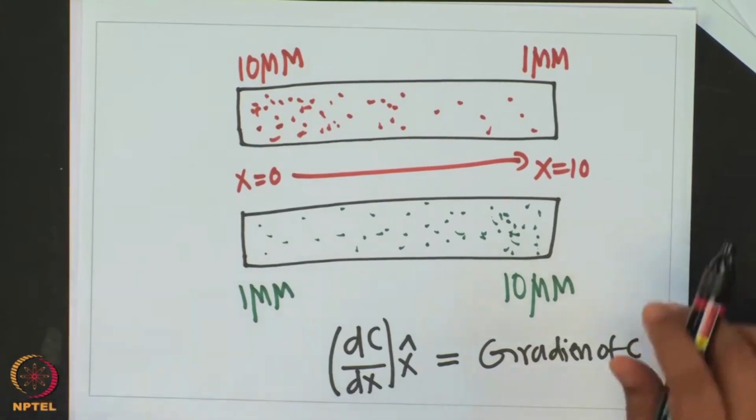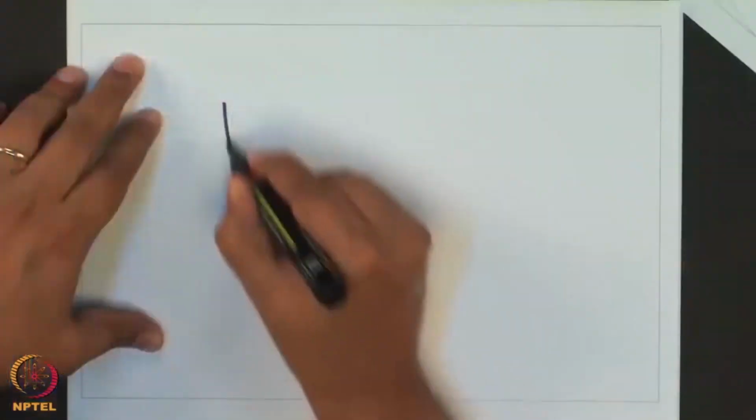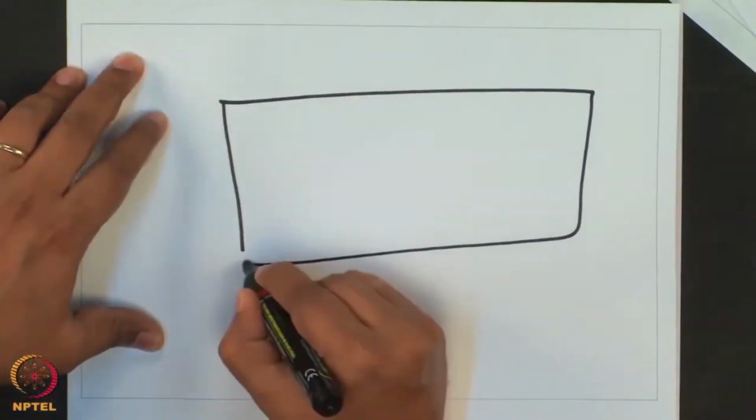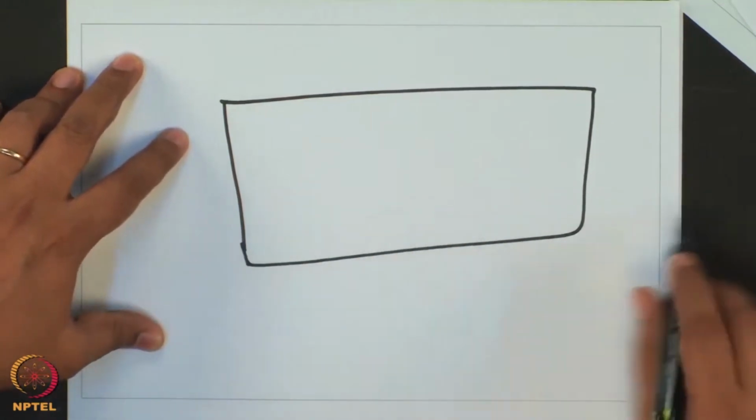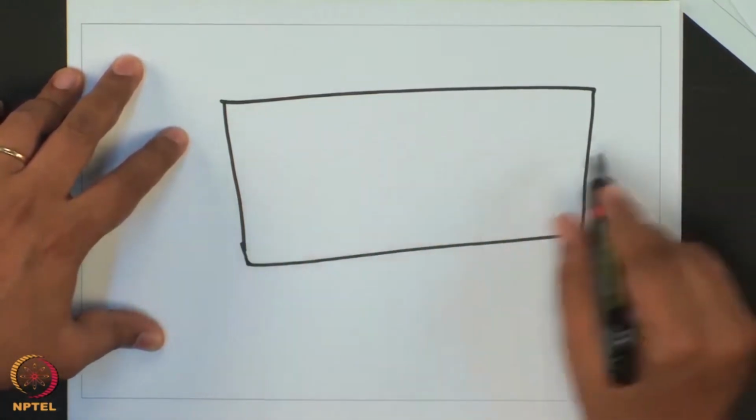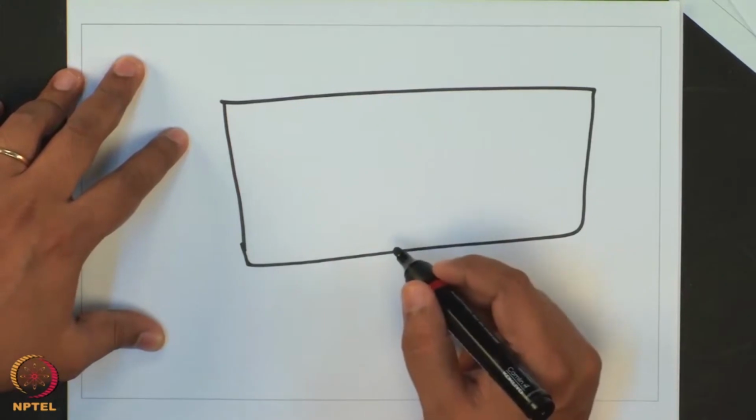Let us understand this a little bit more carefully by taking x and y. Let us say the concentration is changing only along the x axis.